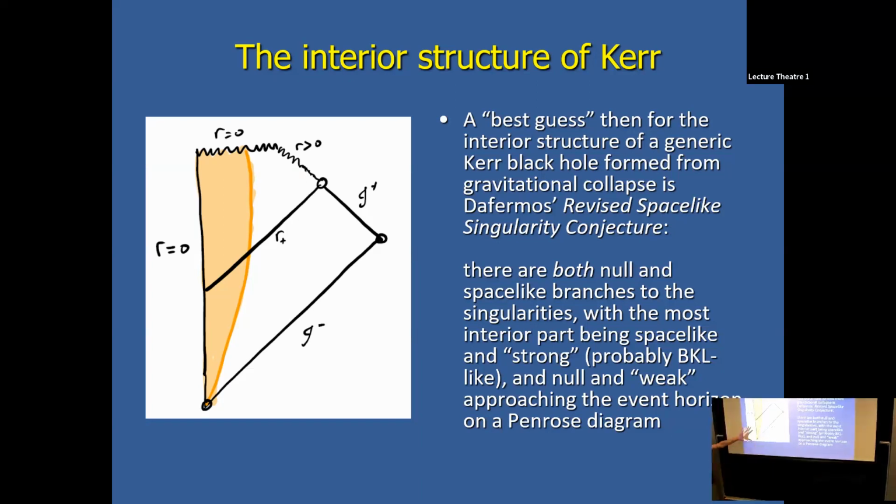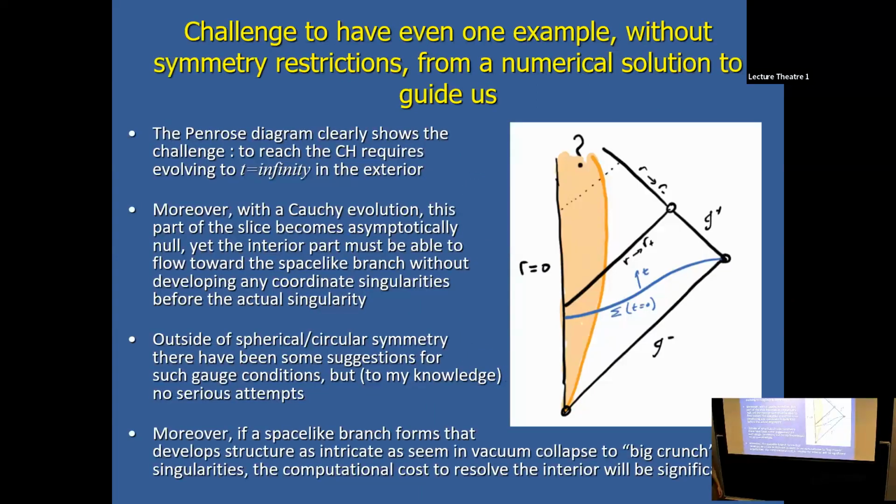But okay, based on this, we want to say we don't really know what this is. Let's start with the Cauchy slice. And what's the problem? In the numerical evolution case, we specify data on some Cauchy slice and we want to evolve towards this point. Here I'm framing it as a coordinate problem, but it actually is a very physical aspect of what happens with black holes.